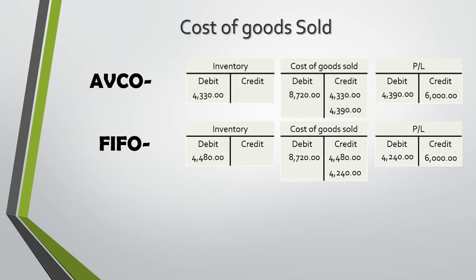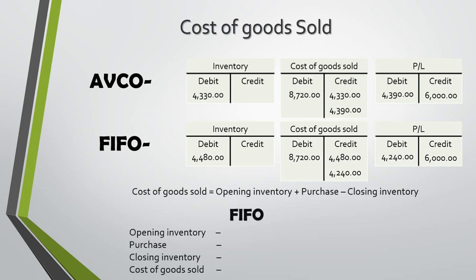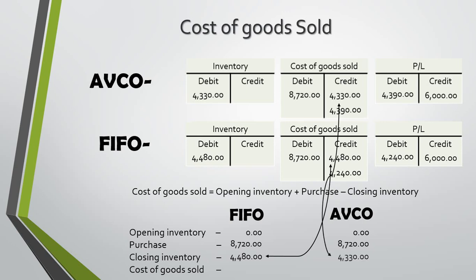The cost of goods sold calculation formula is opening inventory, in other words, the total inventory value of the previous inventory count, plus purchases, minus closing inventory, the total inventory value of the current inventory count. In this case, we haven't got opening inventory.